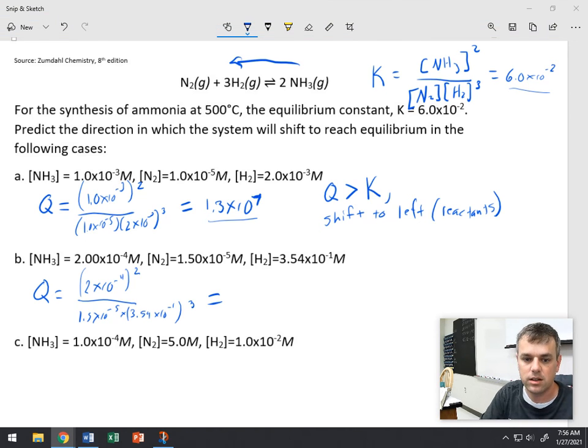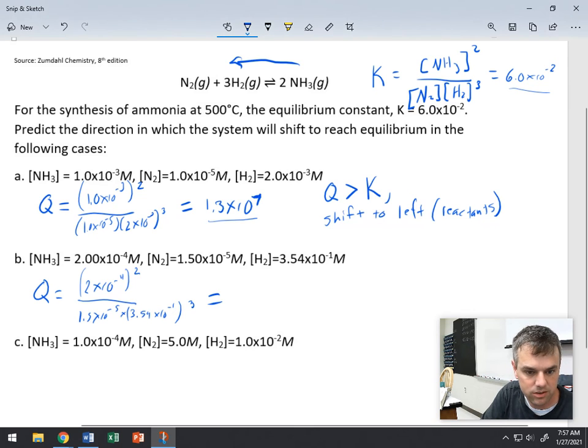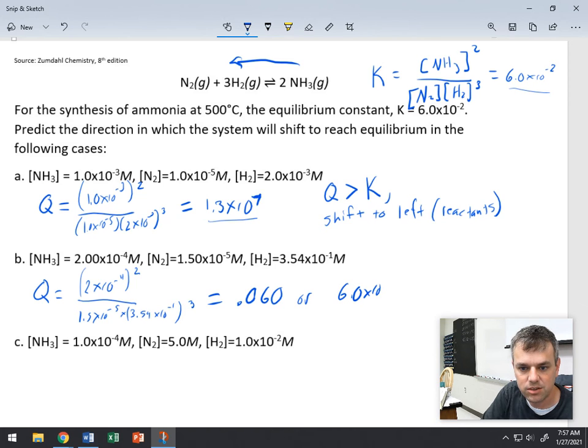And when I calculate this, I'm getting 6.0 times 10 to the minus 2. Q equals K, so no shift. We are at equilibrium in this case.